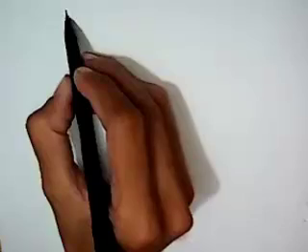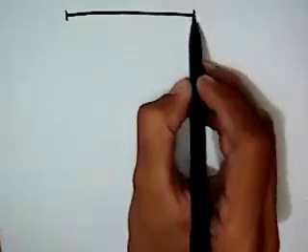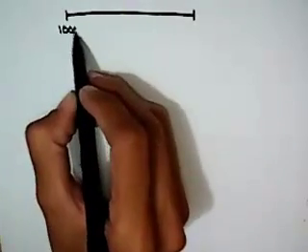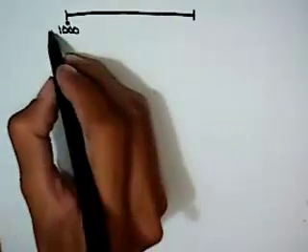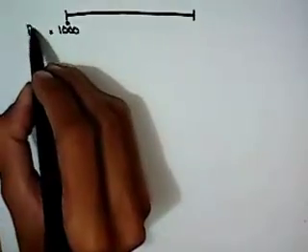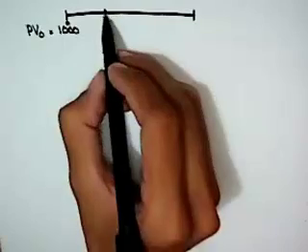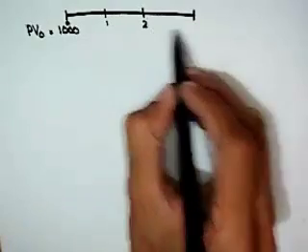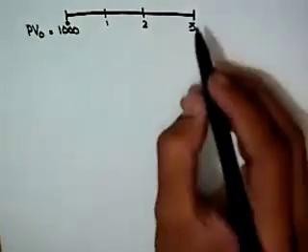Okay, now if we use the formula to calculate the interest values based on simple and compound interest, so let's draw the same timeline, that we have 1,000 at time 0, and let me call this 1,000 as present value of money, and this is end of first year, this is end of second year, and this is the end of third year.